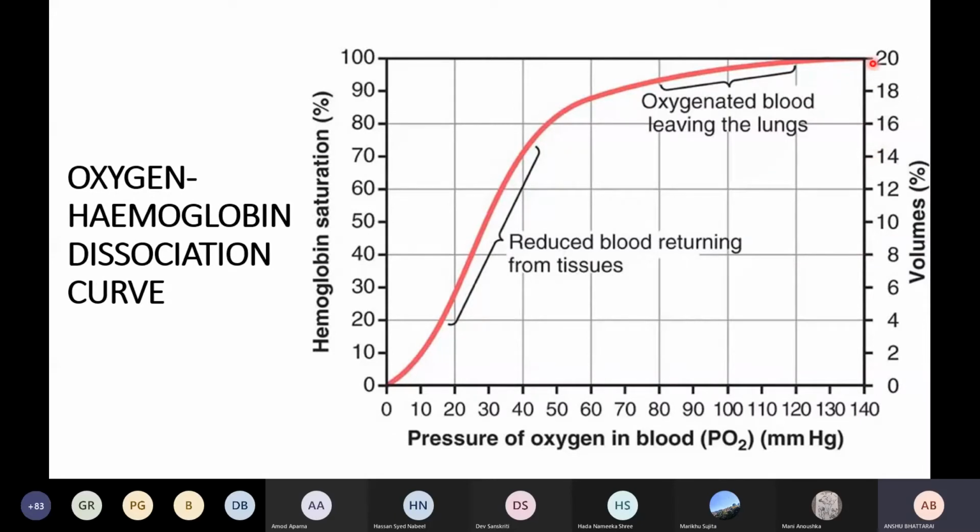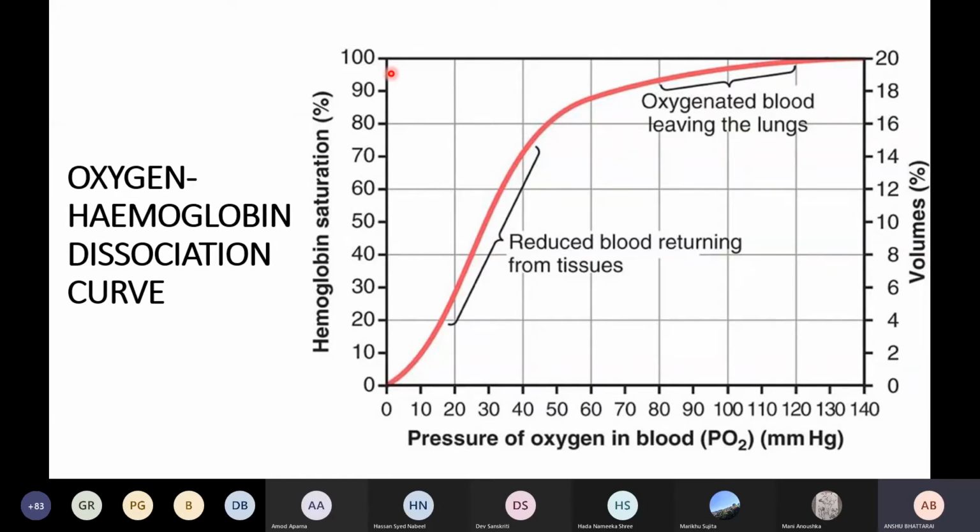Okay, so from this you can deduce that the oxygen that is taken up by the tissues up to this point is about 5 milliliter. Because 20 milliliter was present when almost 100% of hemoglobin was saturated with oxygen, when the blood was leaving the lungs.